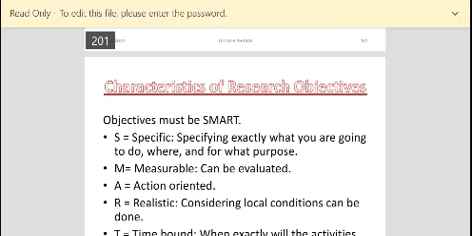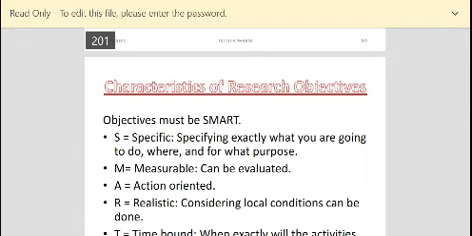Then let's see the characteristics of research objectives. We say objectives must be SMART. S stands for specific: specify exactly what you are going to do, where and for what purpose. M stands for measurable, so that your objective can be evaluated.